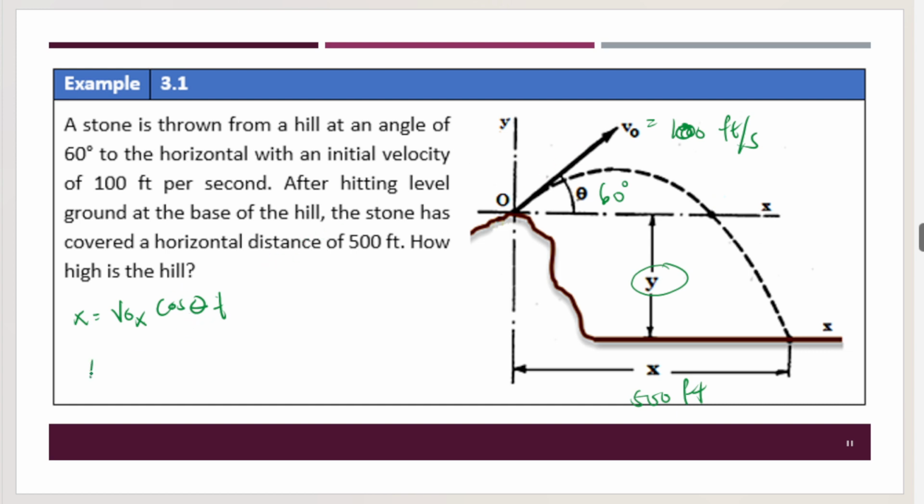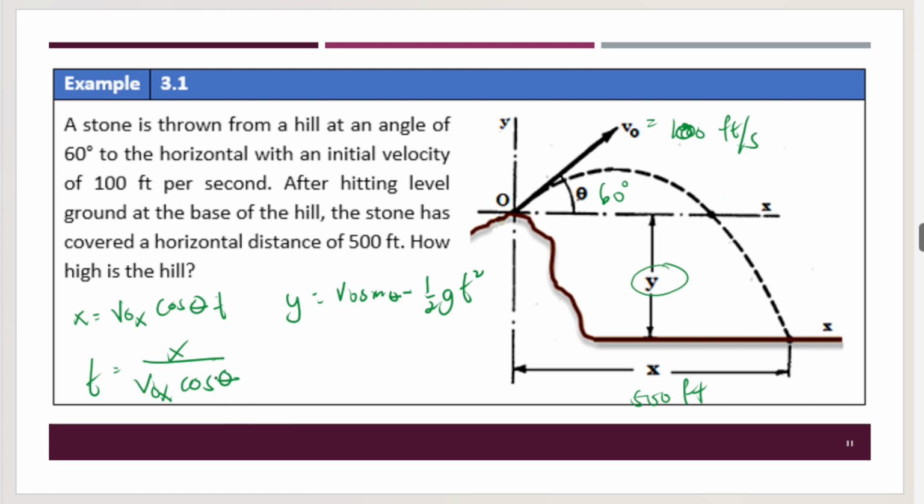So, therefore, you could actually derive that time is x over v sub o cosine theta. Substituting this to our equation. Anong equation yon? The y equation. So, that is y is equal to v sub o sine theta t minus 1/2 gt squared. You could actually substitute this one papunta dito sa equation na to.